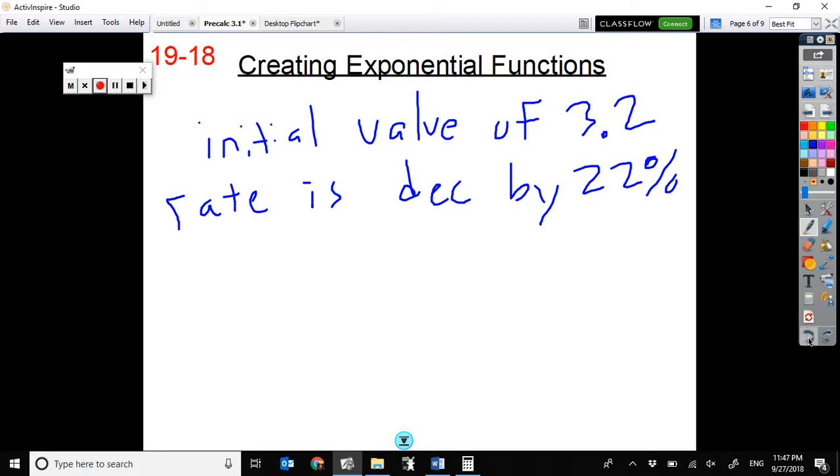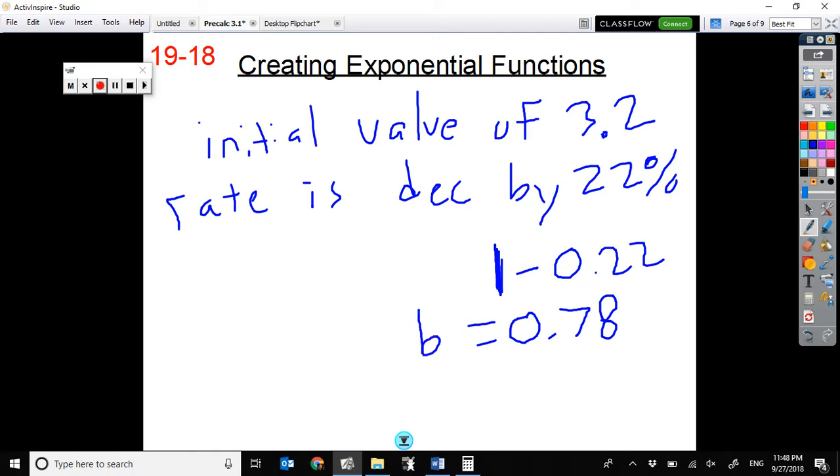But because I'm decreasing, I'm still starting off at 1, but because I'm decreasing instead of increasing, I'm going to say minus my rate. Well, 1 minus 0.22 is going to give me 0.78. And that's going to be our B, or our rate.